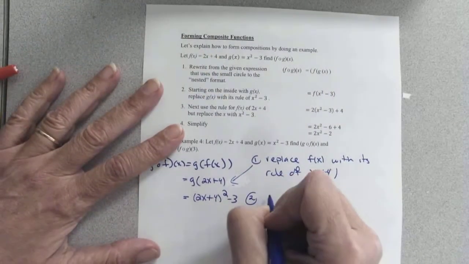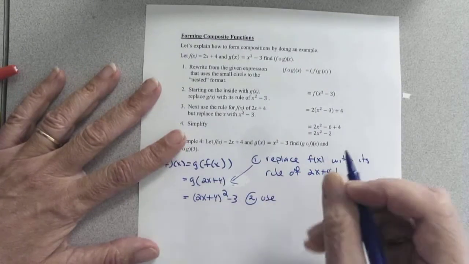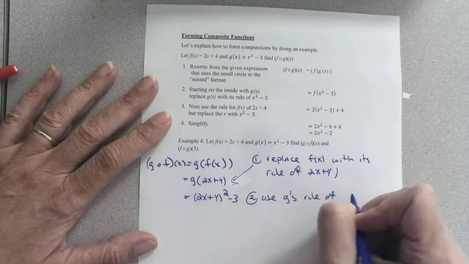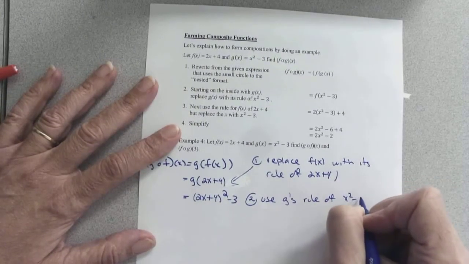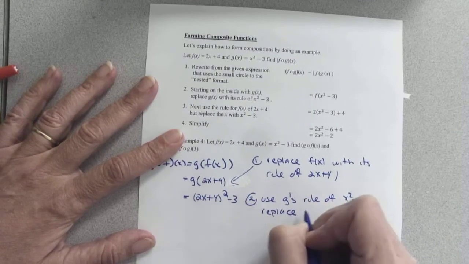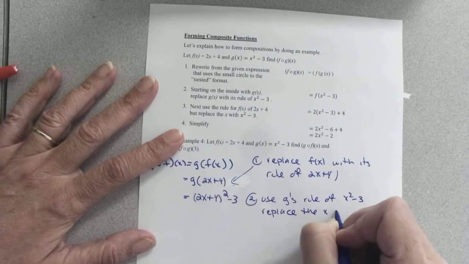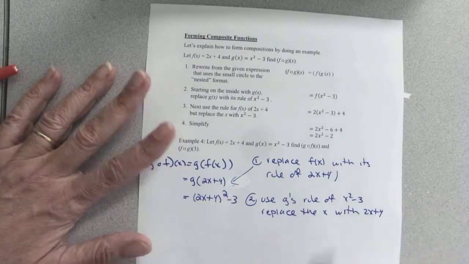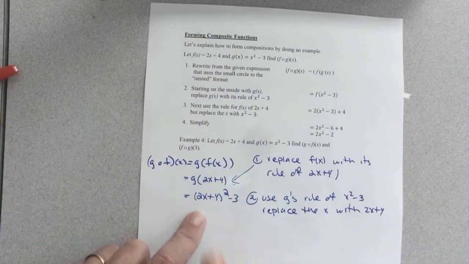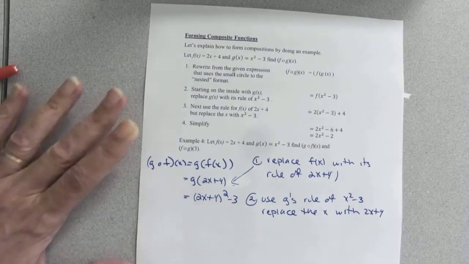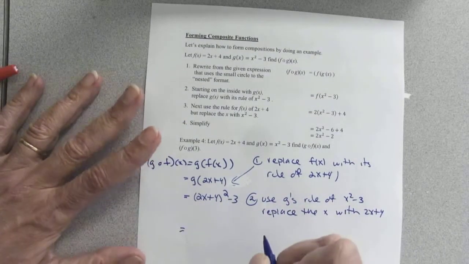So step 2, use g's rule of x squared minus 3, replace the x with 2x plus 4. So x squared minus 3, but instead of an x, 2x plus 4. And then we just simplify.